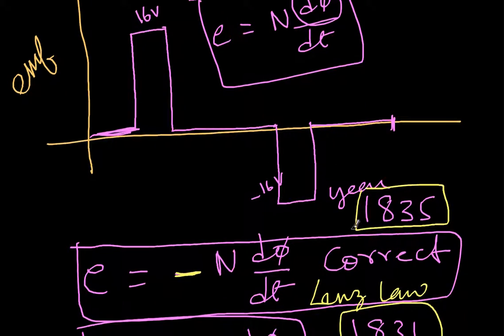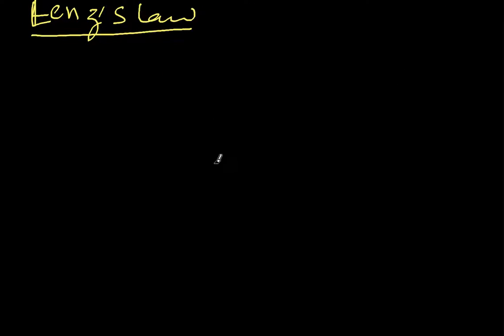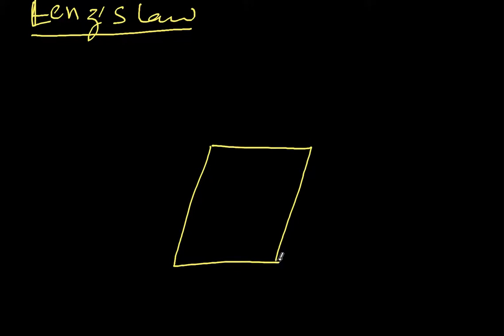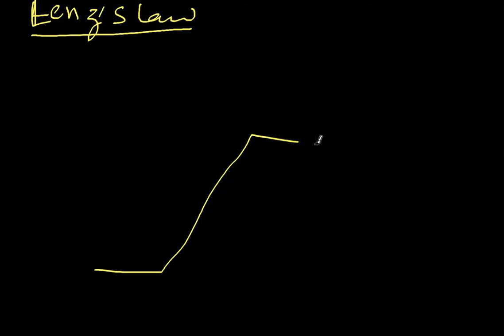Now imagine, I'll just draw a fresh diagram once again. Imagine that the coil is here. I draw it in an isometric view. The coil is like this, or let me just take only one turn, just for simplicity.